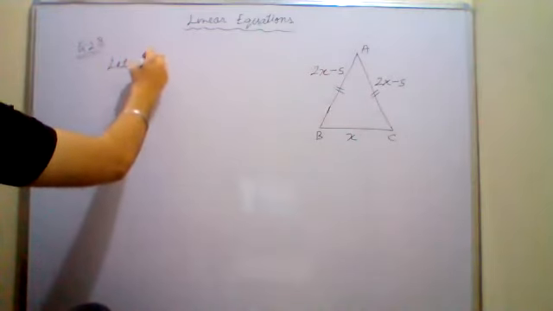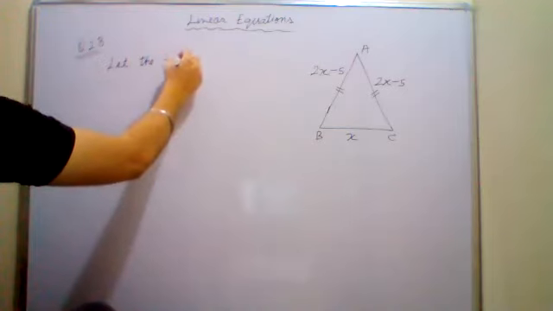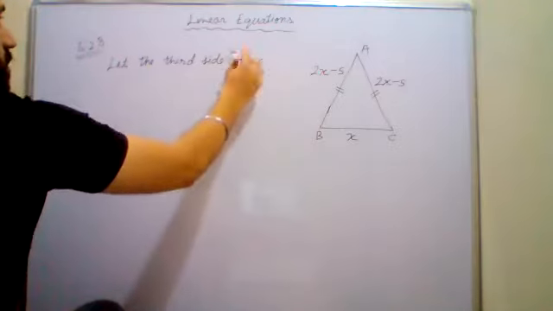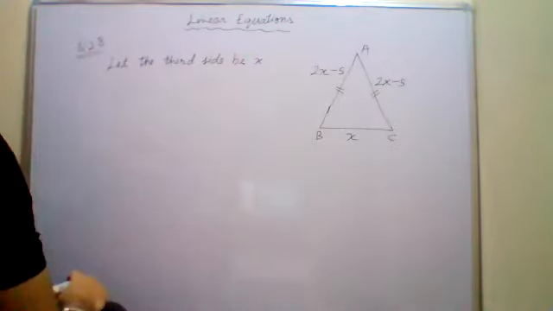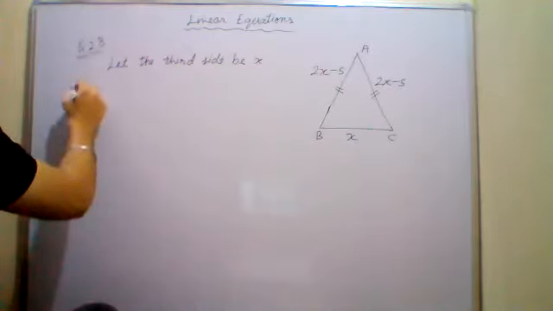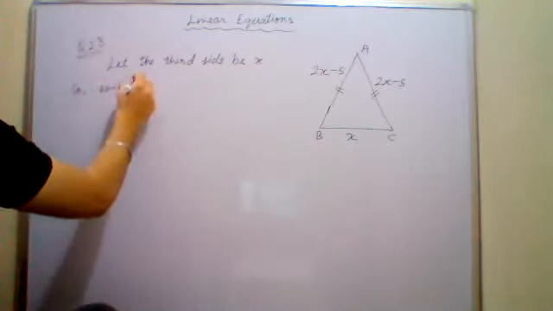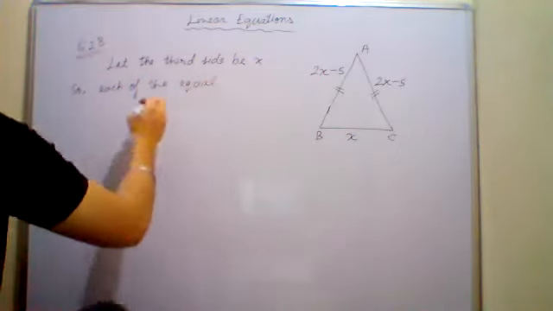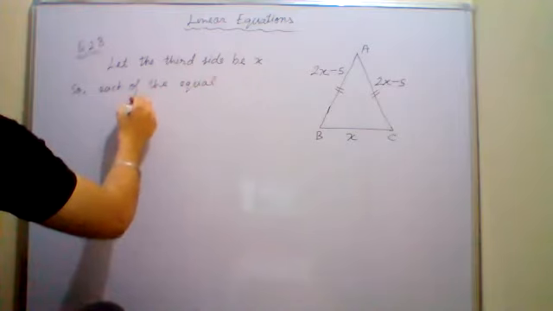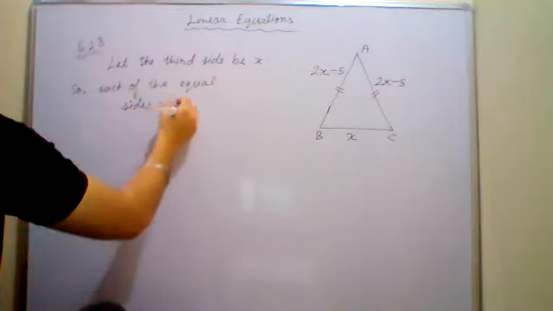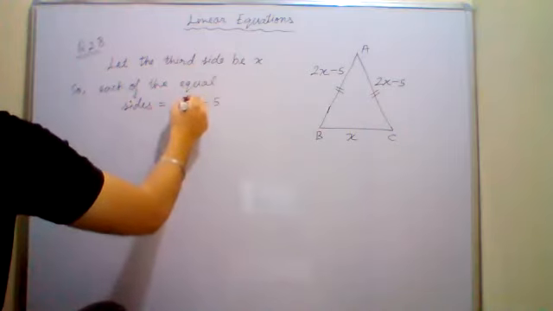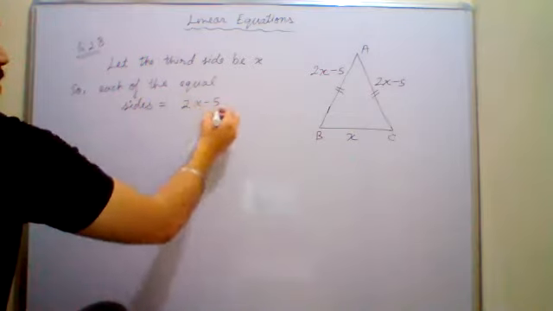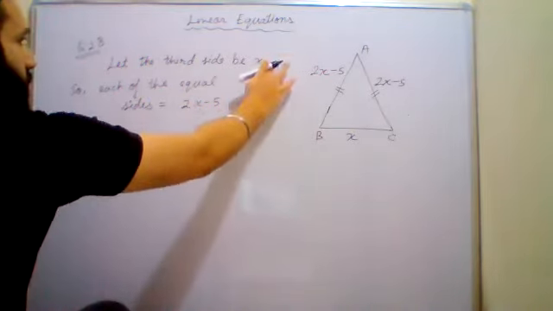Let the third side be x. Let us assume that the third side is x. So each of the equal sides is 2x minus 5 meters.